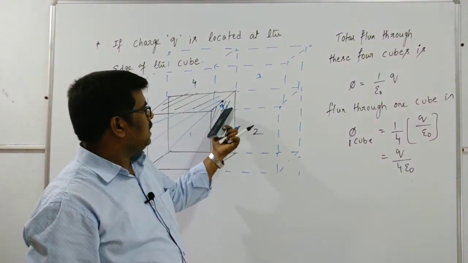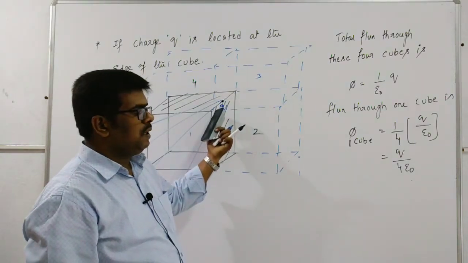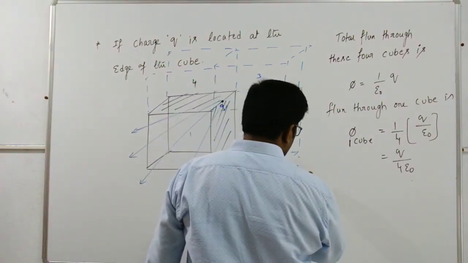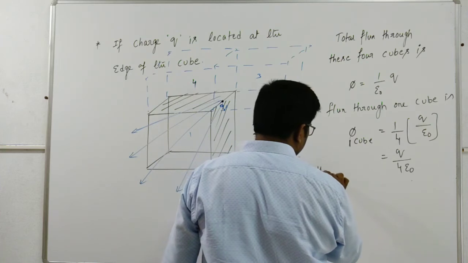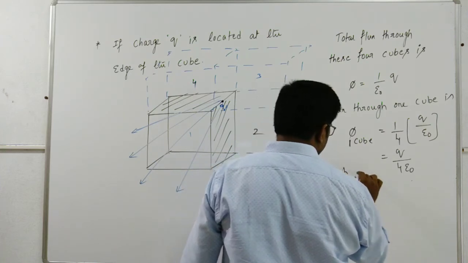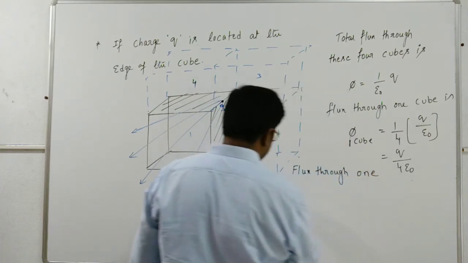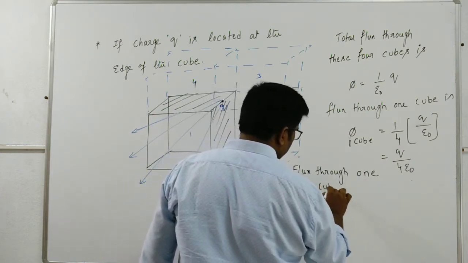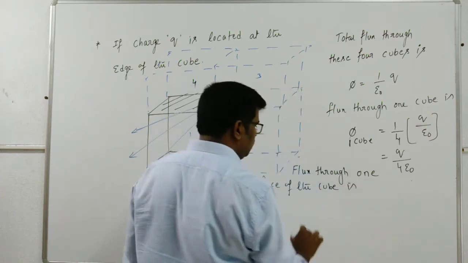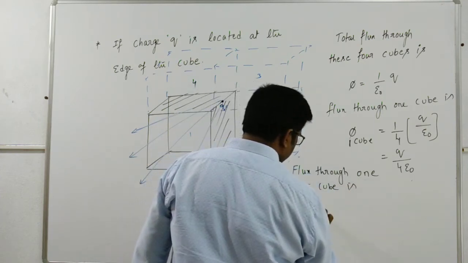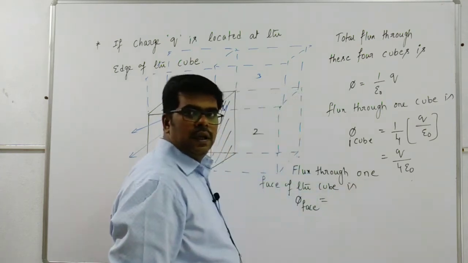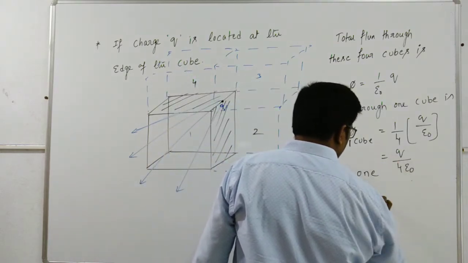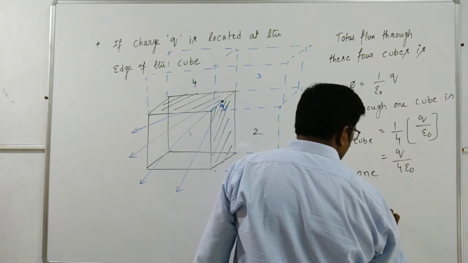That's why the flux through 1 face, in the case when the charge is located at the edge of the cube, you can write: flux through one face of the cube is nothing but 1 by 4 of the flux through one cube, which is q by 4 epsilon naught.